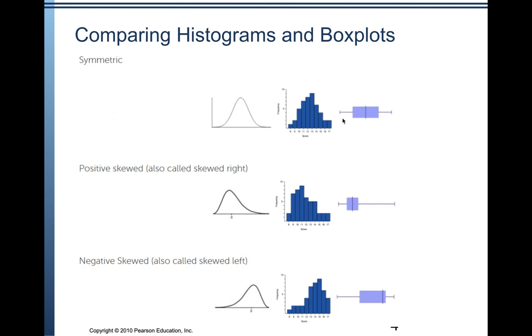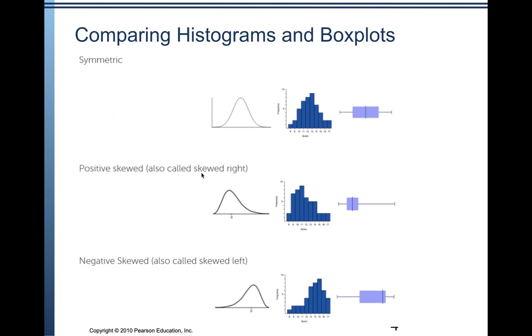The left whisker, the left part of the box, the right part of the box, and the right whisker. All of those are roughly the same length. So that is how the histogram and a box plot of a symmetrical set of data will compare.